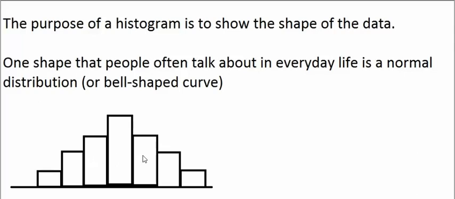Also, IQs have a normal distribution in the general population because you have a few people at the low end, you have a few people at the high end, but most people are in the middle area right here.